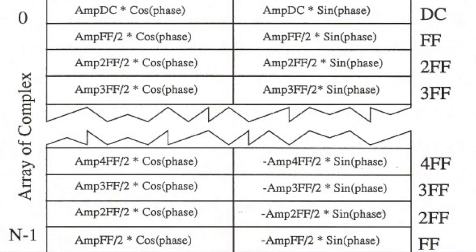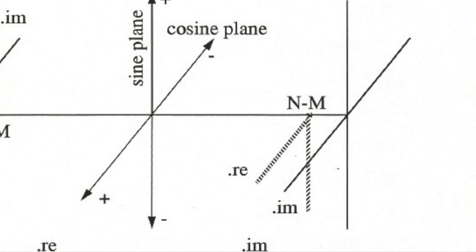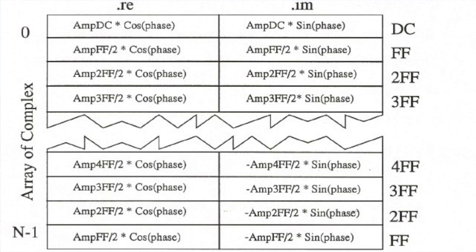And because it's three-dimensional, at the M point, M being the number of cycles that you're going to generate, you have to have the amplitude in the real and the imaginary. So not amplitude, it's basically the real and the imaginary components of the magnitude. And not just that, but you also have to copy it over to N minus M. So in the element N minus M, you have to have real and imaginary, but imaginary has to be in the opposite direction. And so let's look at the array.